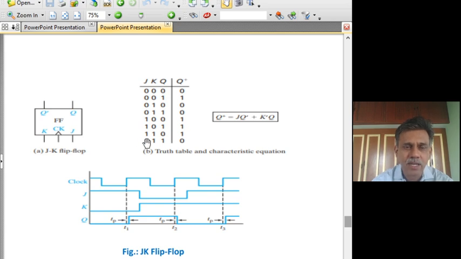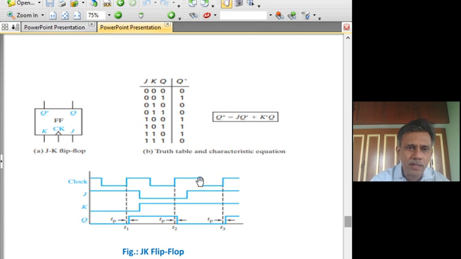And J equal to 1, K equal to 1 is the toggle condition. So, if Q was 0, it becomes 1. If Q was 1, it becomes 0. And the K-map based derivation of the characteristic equation of the JK flip-flop is the same as that of the latch. Only when the transition occurs differs. It is Q plus is equal to JQ dash plus K dash Q.